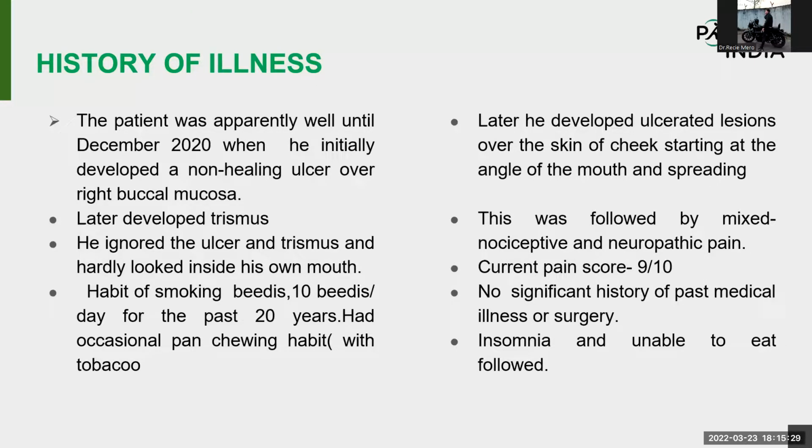Later, he developed an ulcerative lesion over the skin of the cheeks, starting at the angle of his mouth and spreading. This was followed by mixed nociceptive and neuropathic pain. Pain score was 9 by 10. There is no significant history of past medical illness or surgery. He has insomnia and is unable to sleep. Next slide.